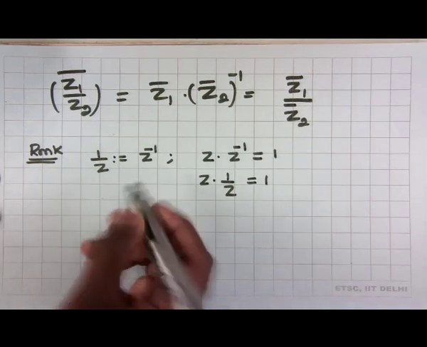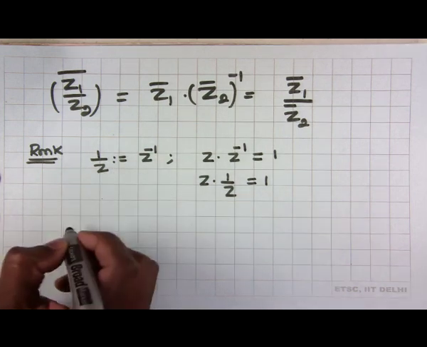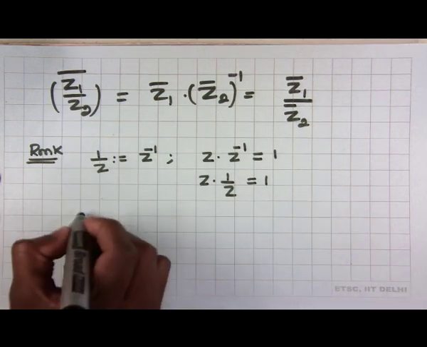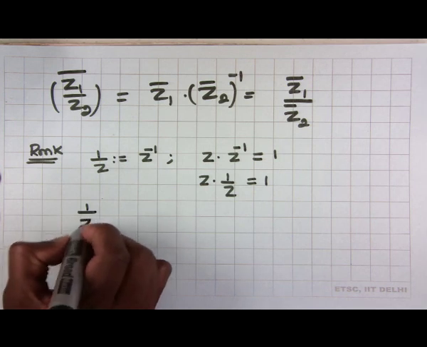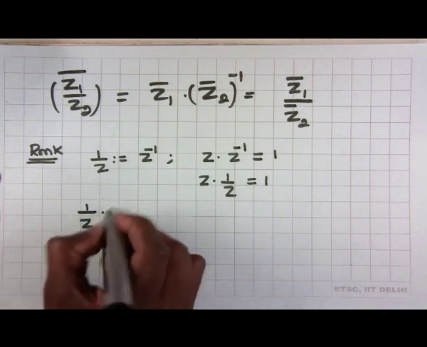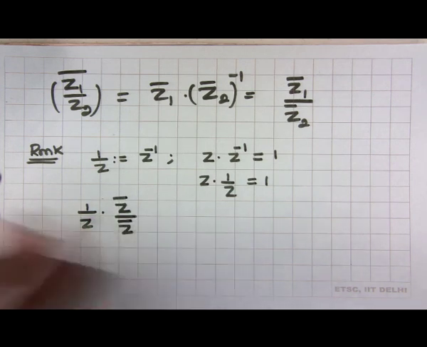And one more further remark here. Once we commented about Z inverse, let us just see that 1 by Z, we can multiply and divide by Z bar.